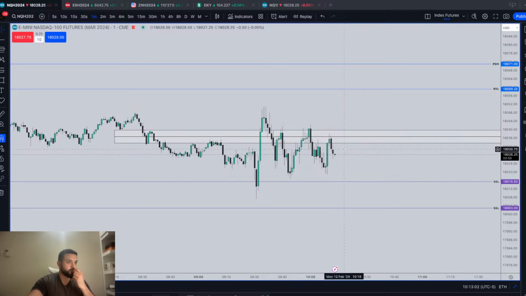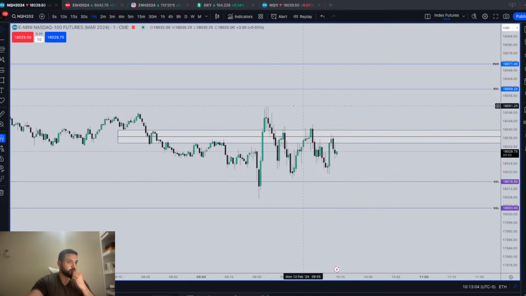See if it wants this volume imbalance. If it fills it, I'm going to trigger one more short. See if it gives it to me.